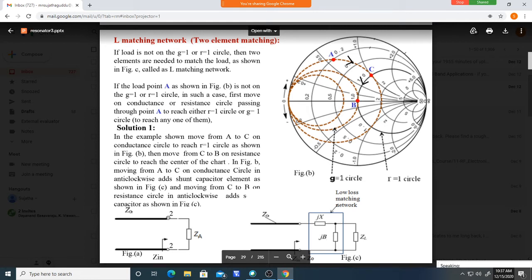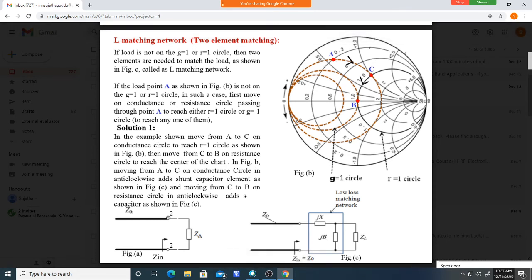We do not get. But one option is by moving like this, we will be getting 50 ohm. Other way is from here you can move like this also, but you stop here. You should stop at the G equal to one circle, and from here you can reach here. This is another way.